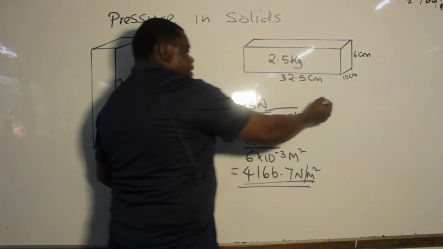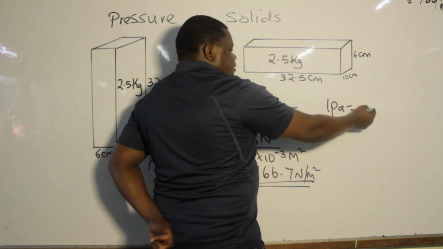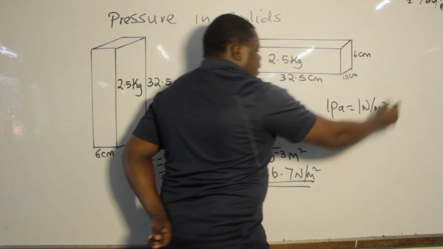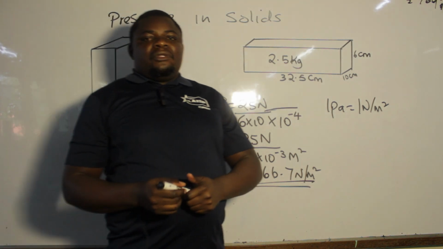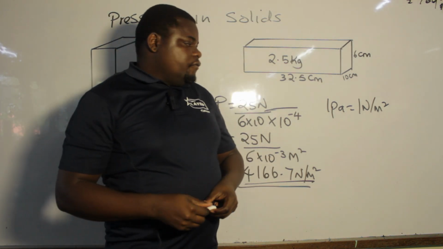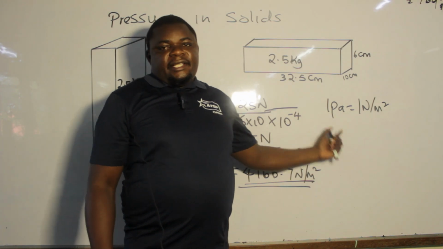Remember that 1 pascal is the same as 1 newton per meter squared, though the SI unit of pressure is pascals.